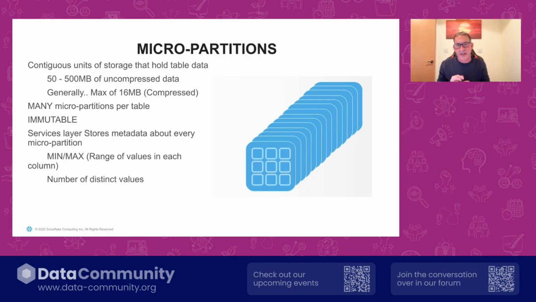Records can't span different micropartitions, so table records will be contained entirely within a single one. There are many, many micropartitions per table, depending on how big your table is. If you imagine compressing your data and multiplying by 16 meg, there could be hundreds of thousands, if not more, per table, depending on how large your table is.